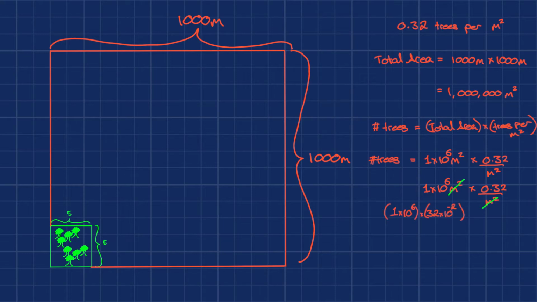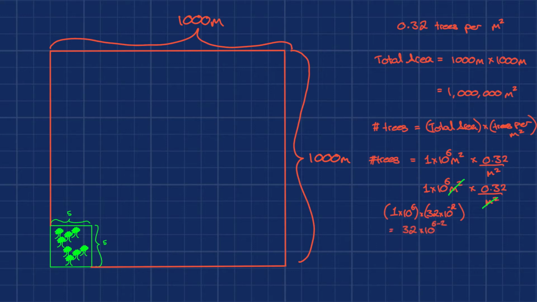I'm going to rewrite this in scientific notation. You can plug this straight into a calculator, but I thought we'd just do a little bit of practice on scientific notation. So 1 million is 1 times 10 to the 6th, and then we've got 0.32, right? So we can do 3.2 times 10 to the negative 1, or as I've written it here, 32 times 10 to the negative 2. Right, so if we multiply these together, you just multiply the numbers at the front.